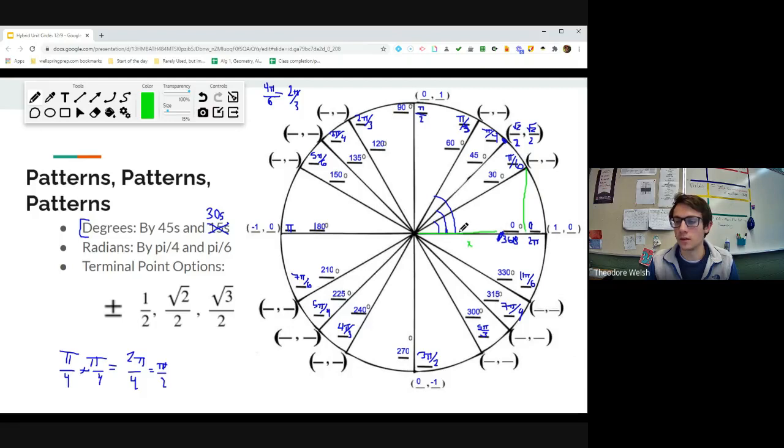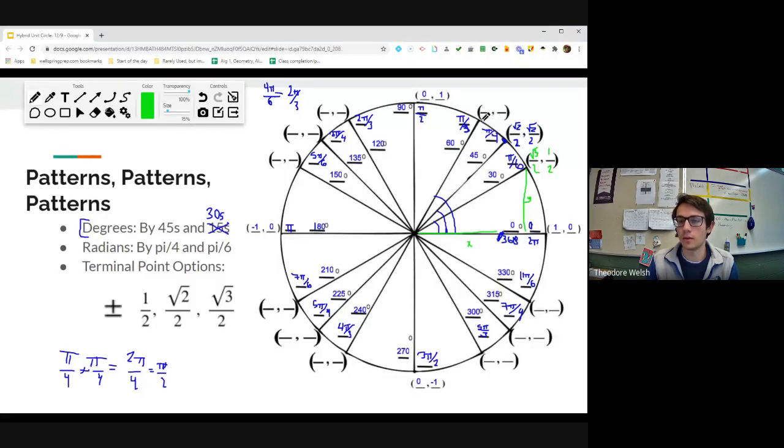The x is this bottom side, the y being this side, because we're thinking about this point as an x and y value. I know the x side of this triangle is larger than y. So that tells me the x value at pi over 6 has to be root 3 over 2 instead of 1/2. It has to be the larger of the two, and the y value has to be 1/2.